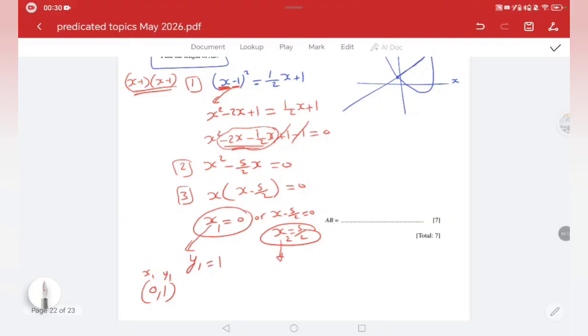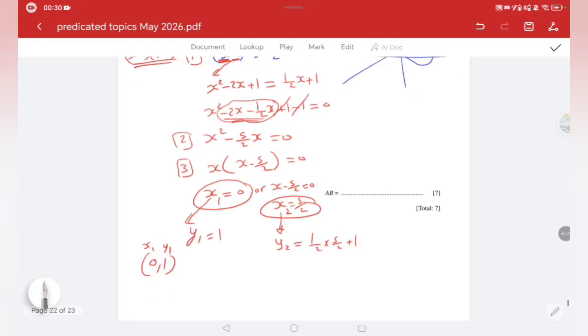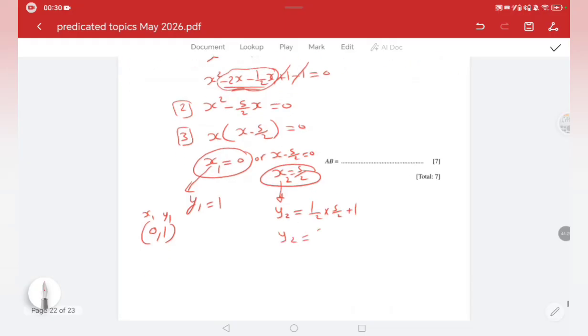To find y2, substitute in this equation: 1/2 times 5 over 2 plus 1, so y2 equals 5 over 4 plus 1, which is 2.25. So the second point is 5 over 2, or 2.5, and 2.25. This is our x2 and y2.